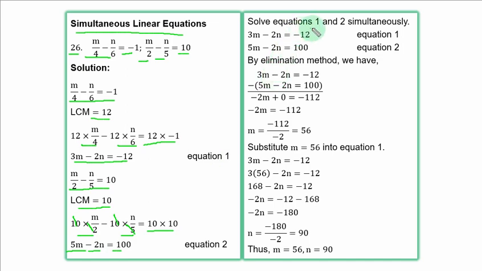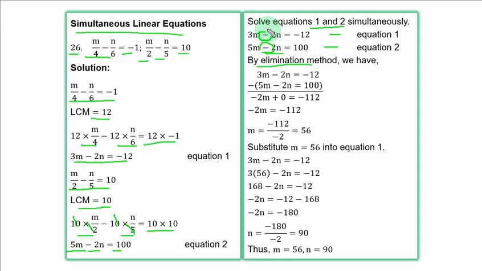Solve equations 1 and 2 simultaneously. You have equation 1, equation 2. Now, I want to use elimination method, and I want to eliminate variable n. I'm doing that because variable n has the same coefficient in both equations, and I'm going to subtract because the signs are the same, negative, negative.